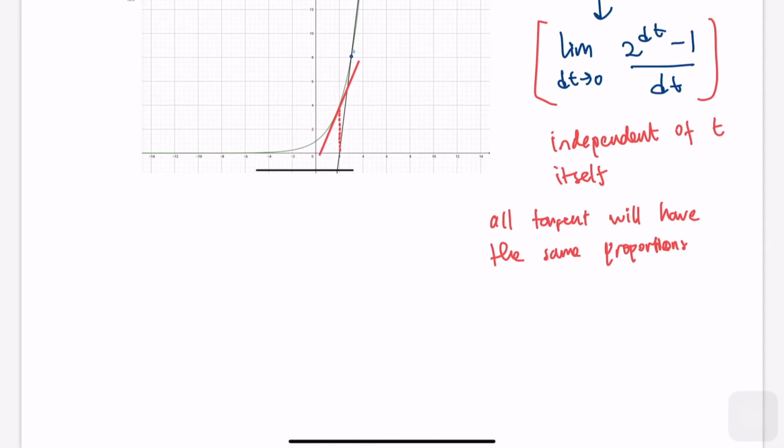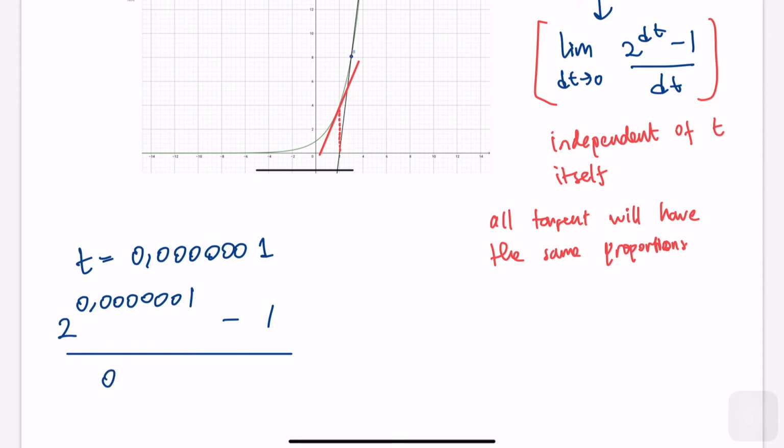So when you deal with, like my example, a t that is very, very small, like maybe 0.00001, how many zeros is this? Then divide by 0.00001.